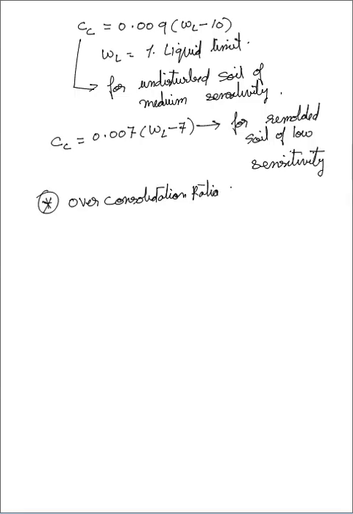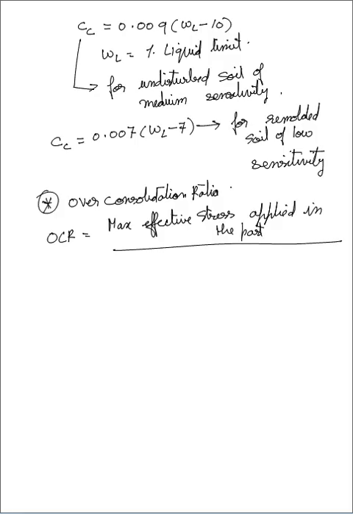OCR, the formula is maximum effective stress applied in the past, means any past history, divided by existing effective stress.